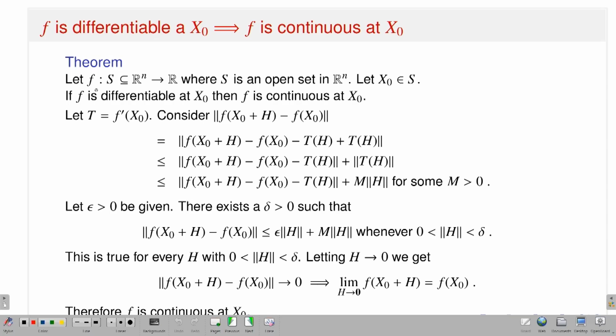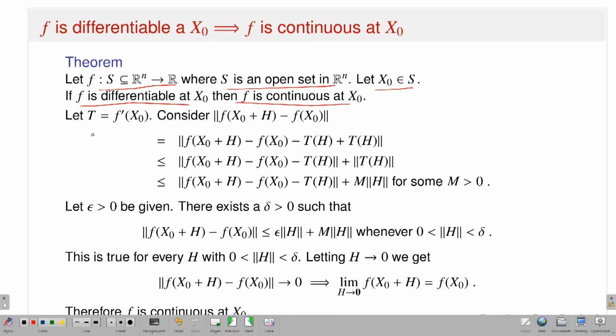Let f be a function from a set A, a subset of R^n to R, where S is an open set in R^n. Let x naught be a point in S. If f is differentiable at x naught, then f is continuous at x naught, which one should guess, since differentiability should imply continuity.